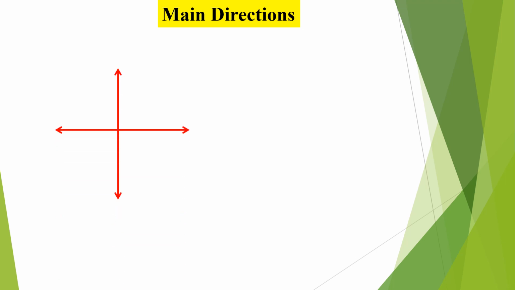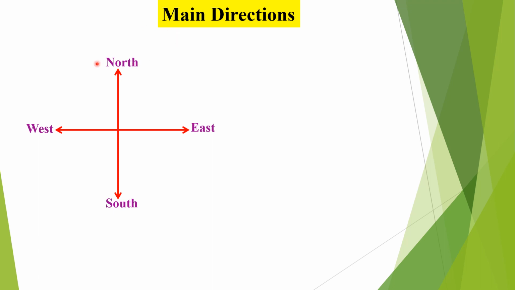We can mark main directions like this. First direction, මෙතන තියෙන direction එක, this direction is called the north, and next direction, this direction is called the east, and this direction is called the south, and last direction is called the west.